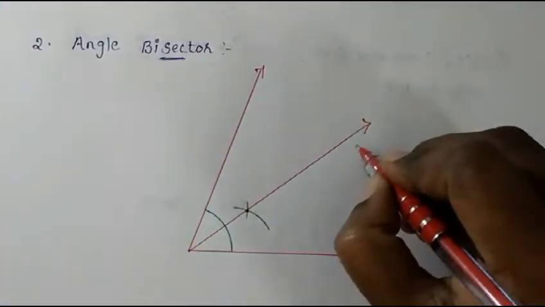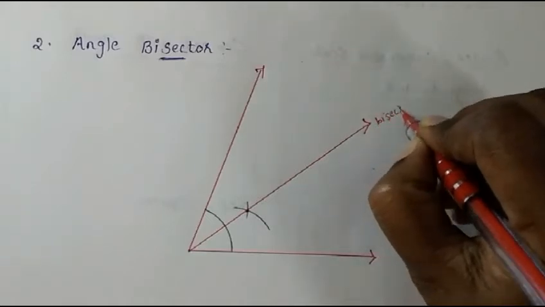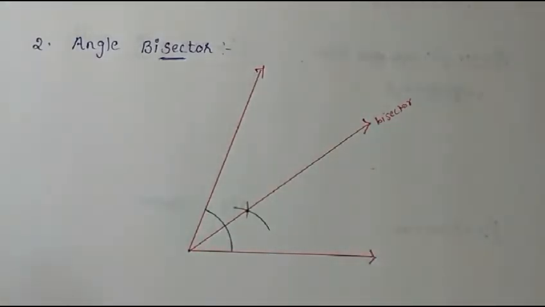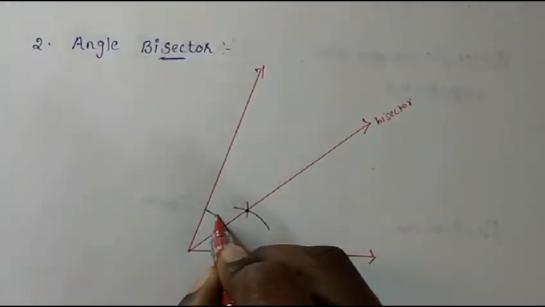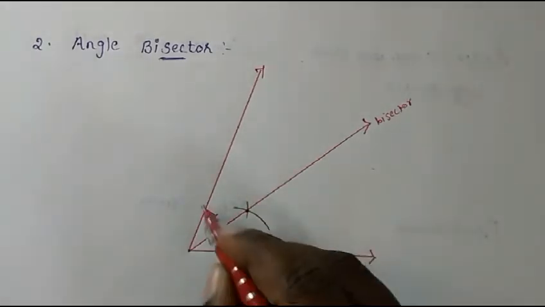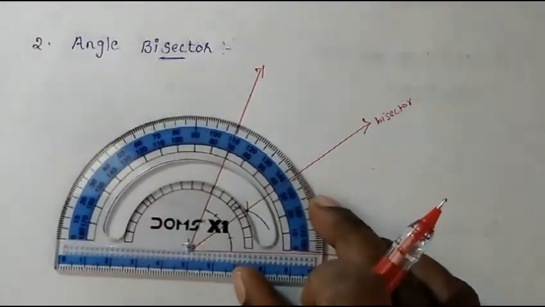This you call a bisector. This is the bisector. So the angle bisector, this is how you have to draw. So now this angle and this angle will be equal. Equally it is divided. Let us check how much the whole angle is.